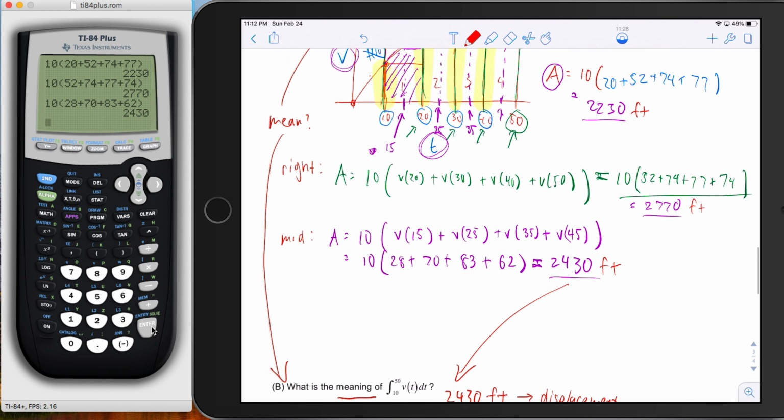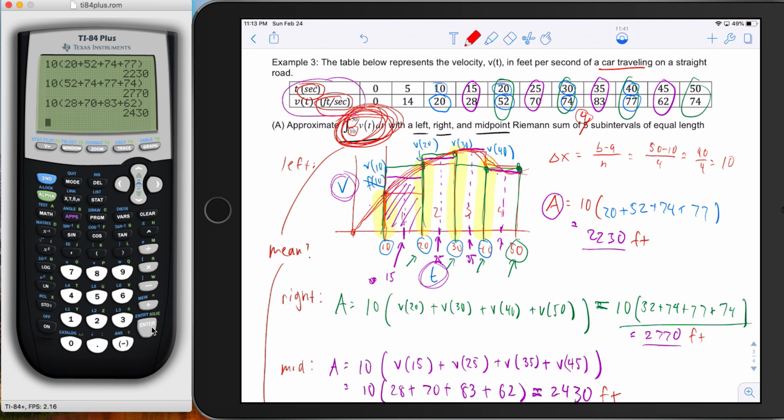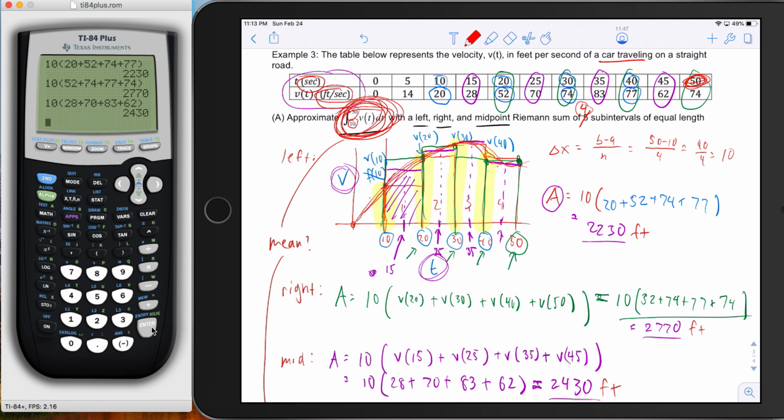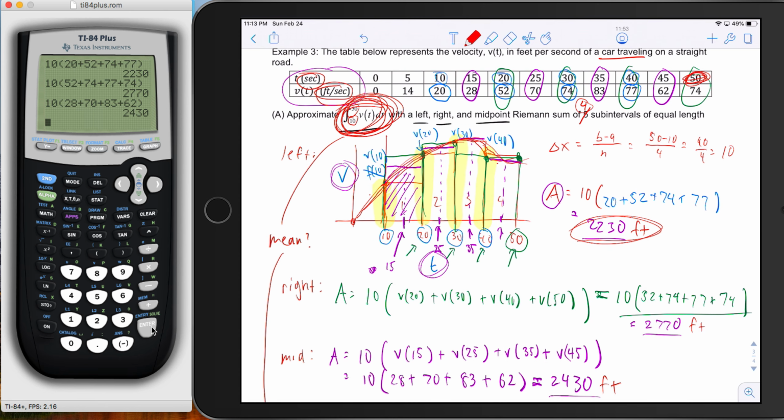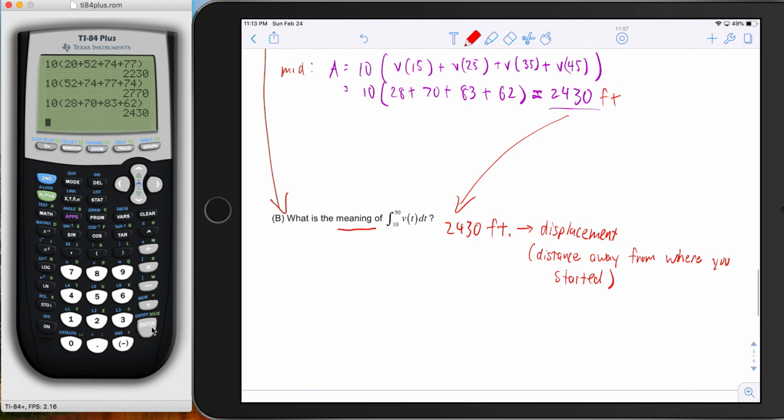Now that makes sense because a car's traveling forward, and it's changing in its speed, but they're all positive speeds, right? So it's like, at the end, we're going to find that the car, over a time of 50 seconds, is going to have traveled some amount of distance. And so this area represents the total, how far the car is away from where it started. Okay, that's displacement.